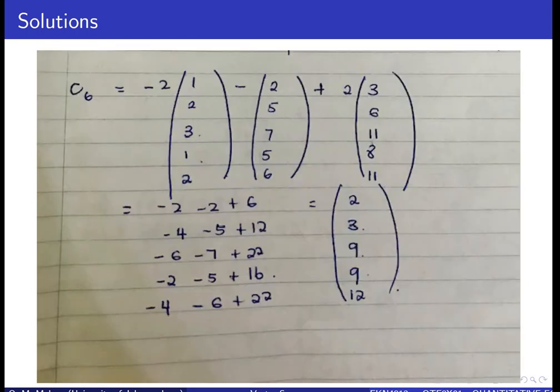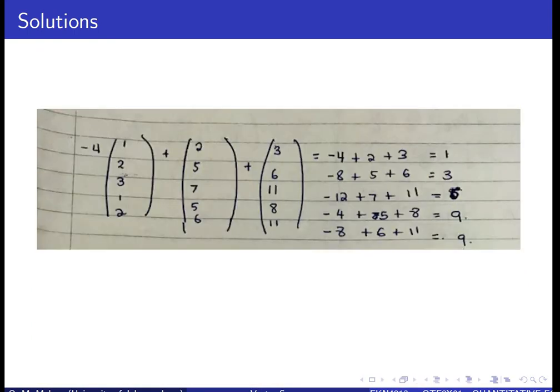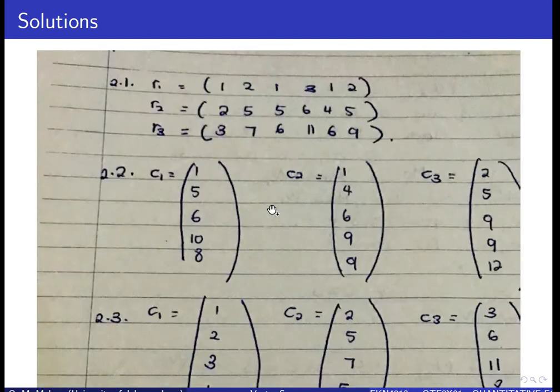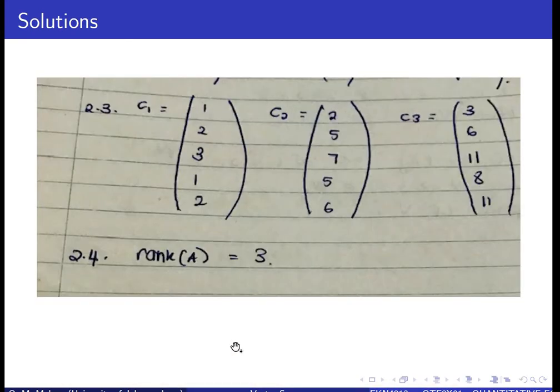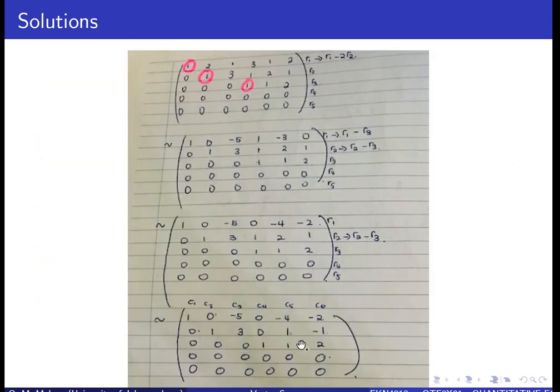For C5, I get 1, 3, 6, 9, 9. I should get 4, but I get 1, 3, 6, 9, 9. There should be some sort of an algebraic error in this step here.